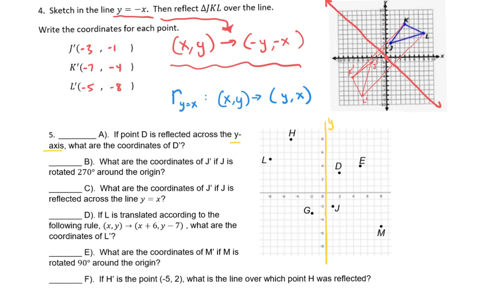All right, so we're going to reflect that. So we're going to make a mirror image. So since D is 2 units away, we're going to put D prime 2 units on the other side. Cool. So D prime will go right there, equidistant to that line. So the new coordinates would be -2, 3.